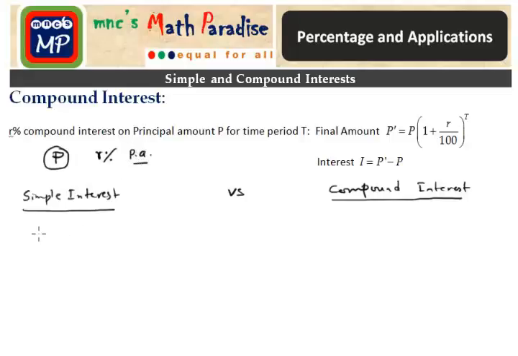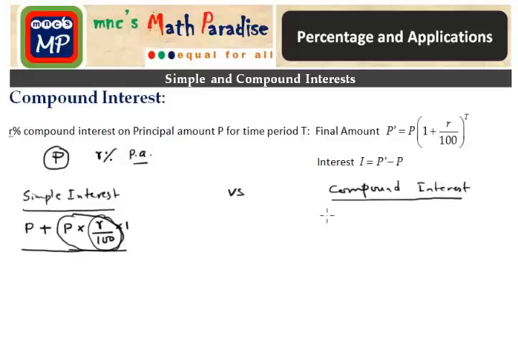So now initially at the beginning the principal amount is P, that is added by P times R division 100. So this is the interest amount. So after 1 year, that is R division 100 times 1 year. So this much interest is added with the principal amount in simple interest after 1 year.